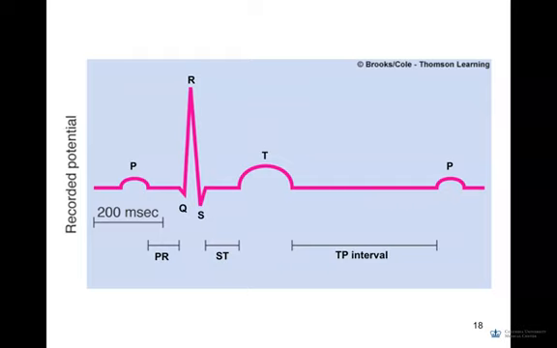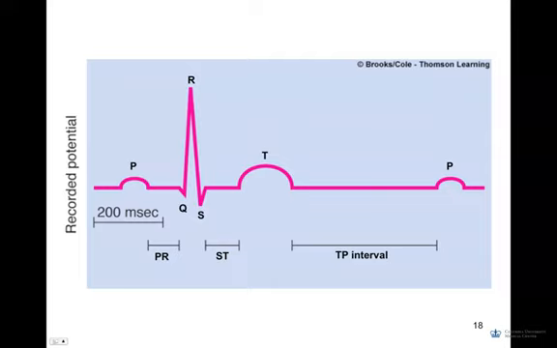It's simply a change in potential caused by the electrical activity of all the cells in the heart. So the EKG is composed of some very stereotypical deflections and then periods in between.